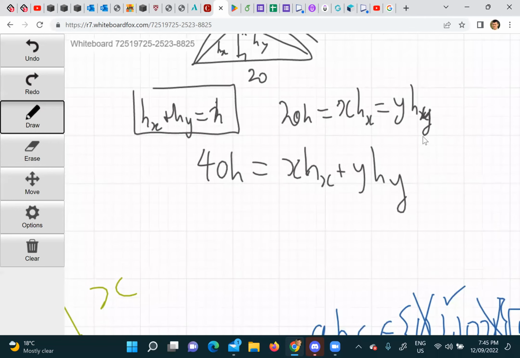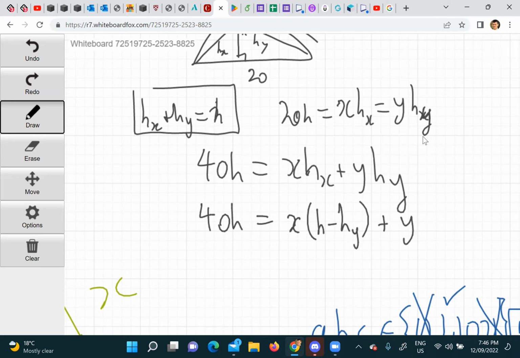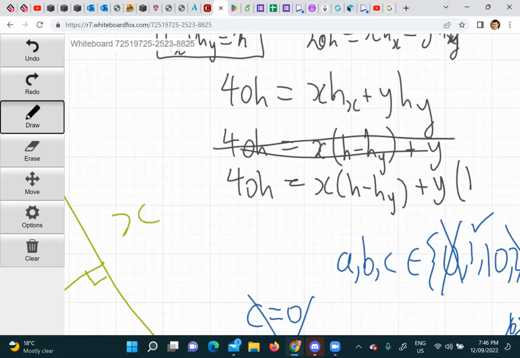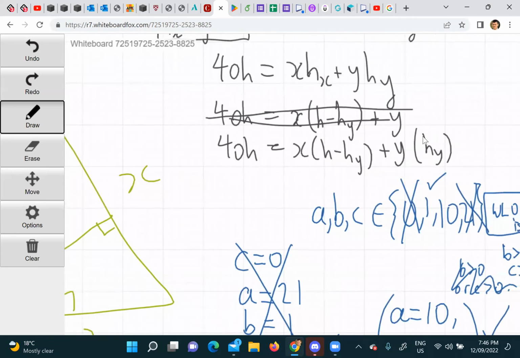So then you basically substitute hx here, so it's h minus hy, equals 40h plus y hy. Oh, actually, I did hx last time, didn't I? Whatever, it doesn't matter. We can do hy to make sure it's the same. So 40h, and I substitute hx with h minus hy, plus y hy.